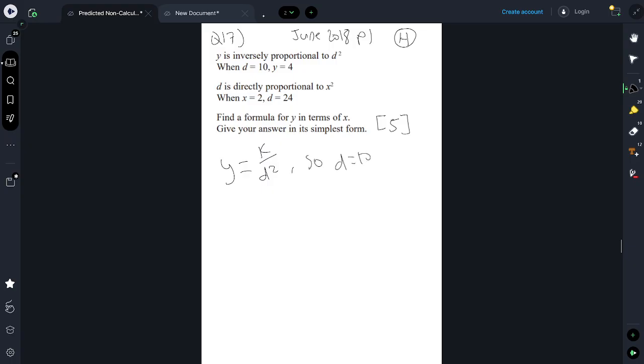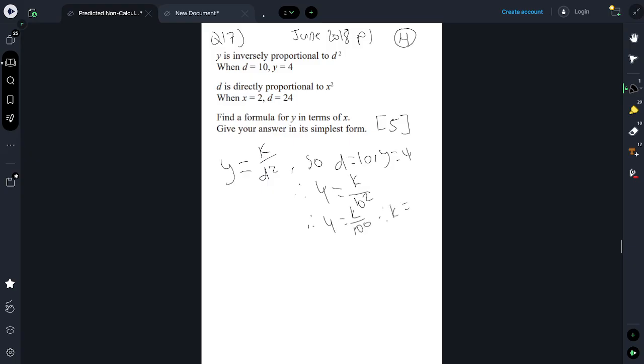D is 10, y is 4. So what we're going to do is substitute it into there. So 4 then, y is k over 10 squared, which is 4 is k over 100, right?